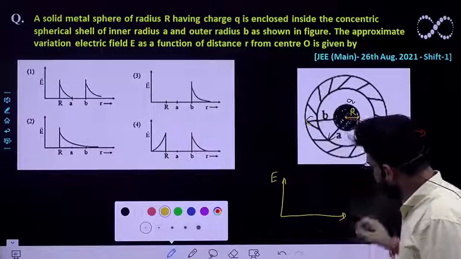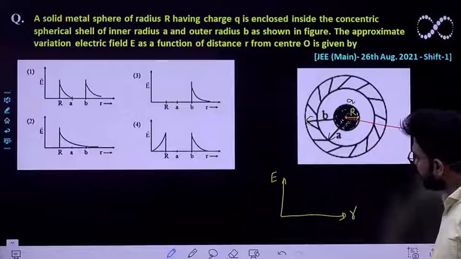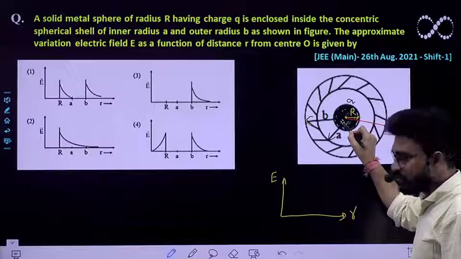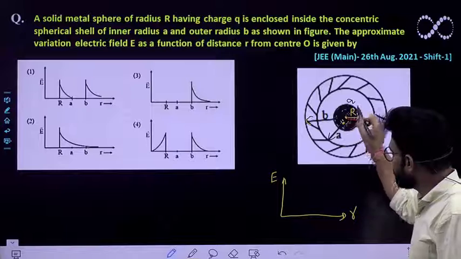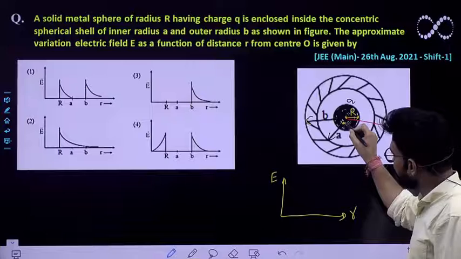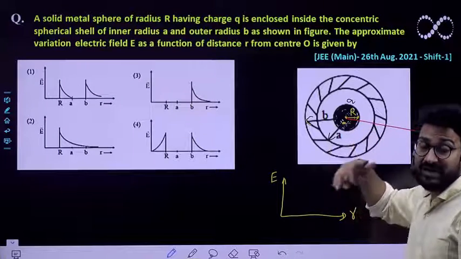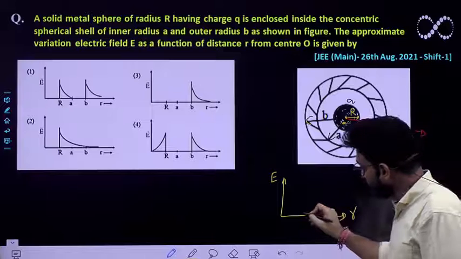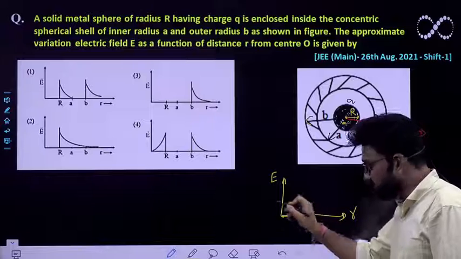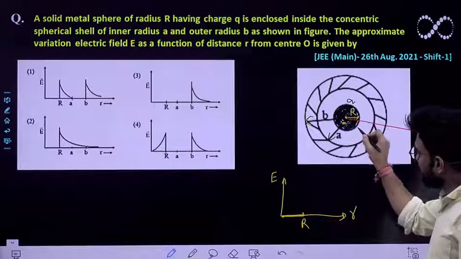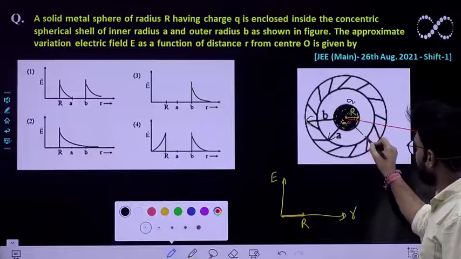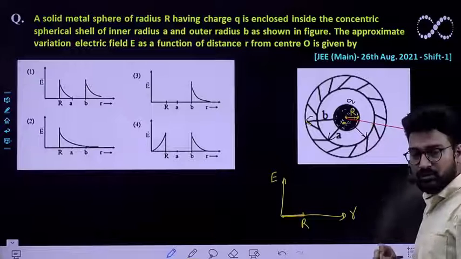and draw the electric field versus r graph, you'll see that inside this sphere, all the charge has been distributed at its surface, and the electric field inside any metallic body is always 0. So till radius R, the electric field is 0. Now you move from capital R to small a.